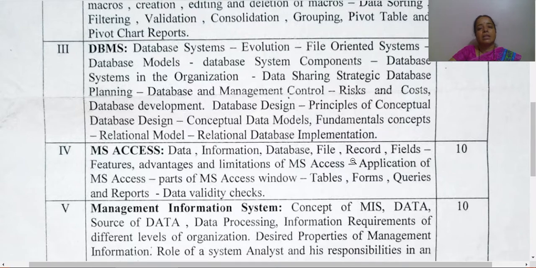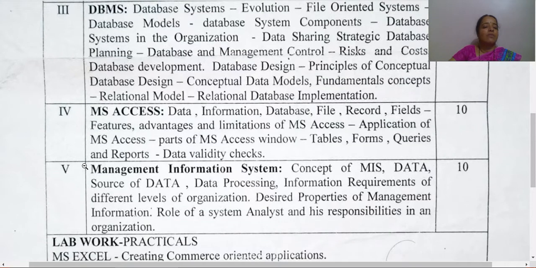That is, we can create the database files and records. We can enter the records, modify the records, and basically we can create tables, forms, queries, and reports in the MS Access package. It is easy to handle the database. It is easy to operate.